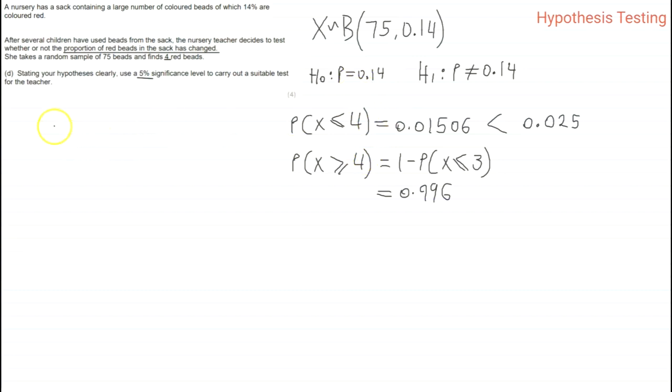So therefore we reject H0, and giving a bit of context, we'll say that the proportion of beads has decreased, so it's changed. I guess I could also mention that it has decreased as well, because of course it's in the lower tail.